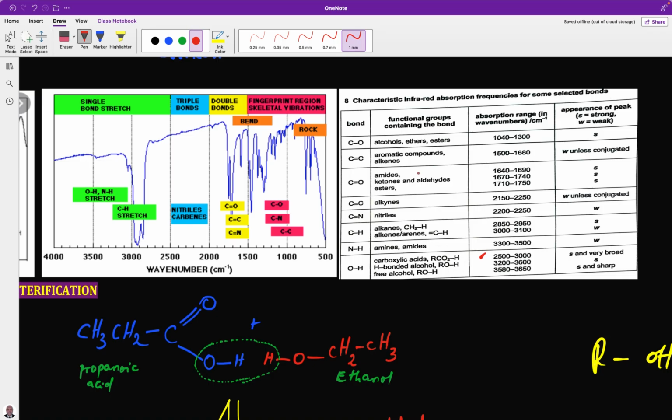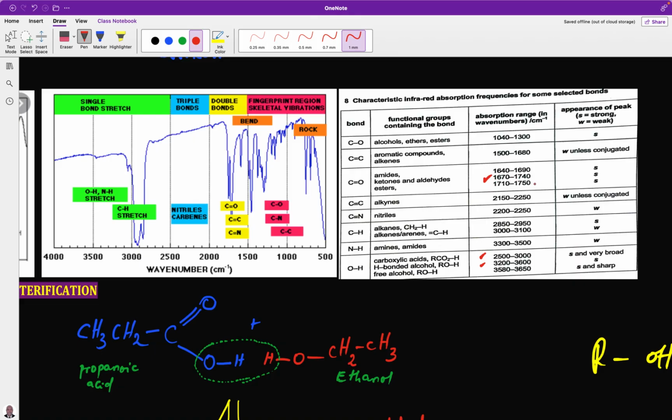Then the OH bond in the alcohol is from 3,200 to 3,600. Then go to the carbonyl group, which is present only in the acid. The carbonyl group in ketones and aldehydes will definitely be from 1670 to 1740.